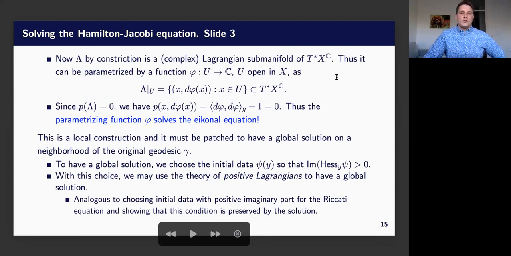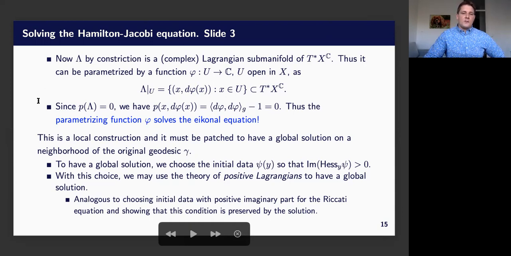The fact also is that since lambda is a Lagrangian submanifold, we can actually parameterize it by a function phi locally. So U is now an open set on X, on the base manifold, which is M0. So that lambda locally, I use this notation, is of the form of points x and d phi of x, gradient phi of x, and x belongs to U.